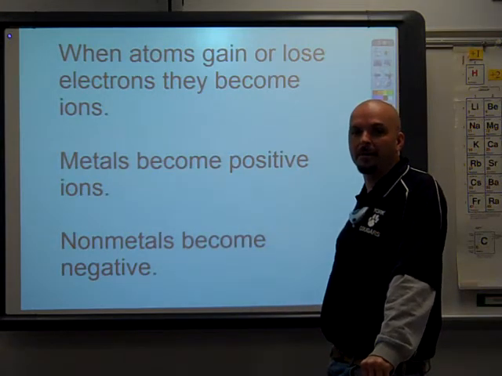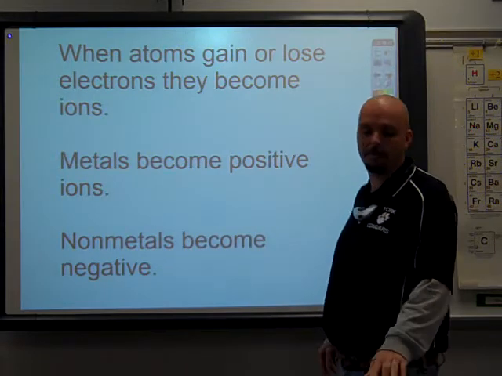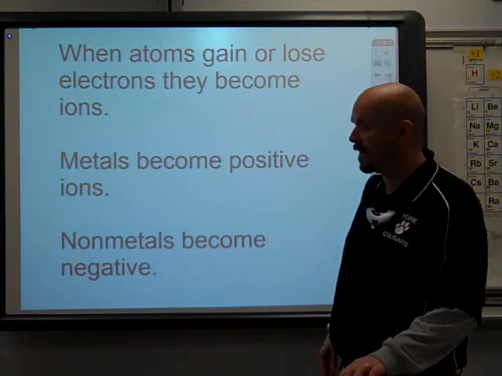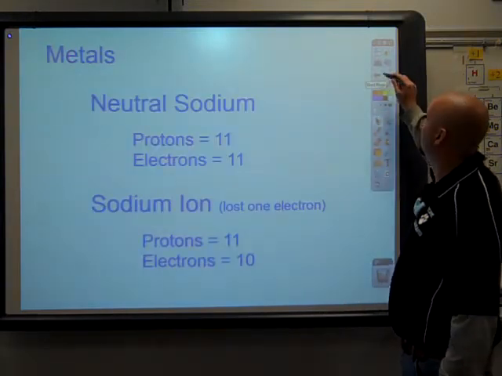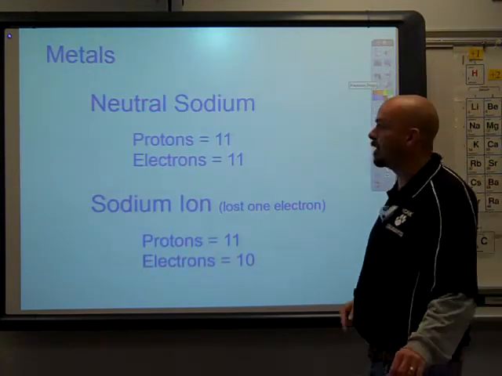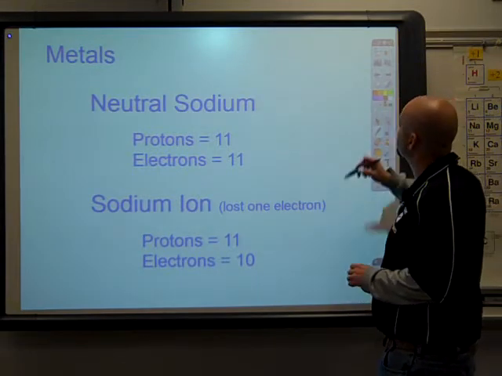Nonmetals will become negative ions. Just like in the previous video where we talked about protons and electrons, we talked about things with positive and negative charges before. Those opposite charges will attract each other. And that's going to end up being our ionic bond. Let's take a look at where that charge comes from.